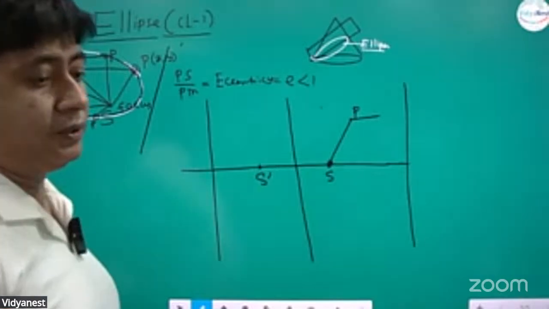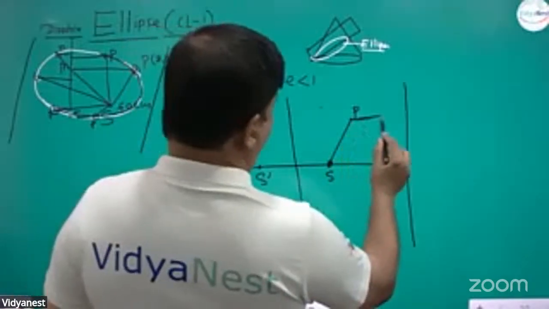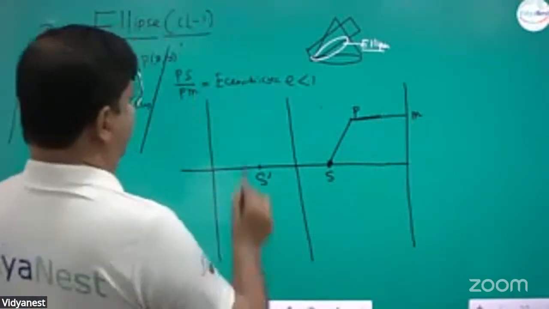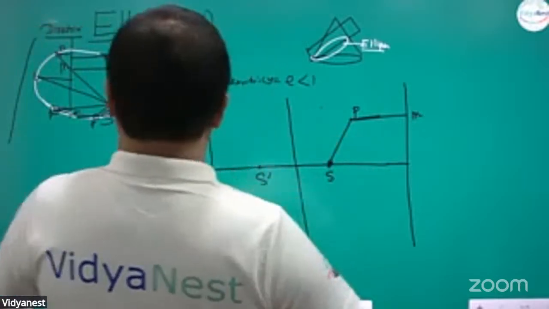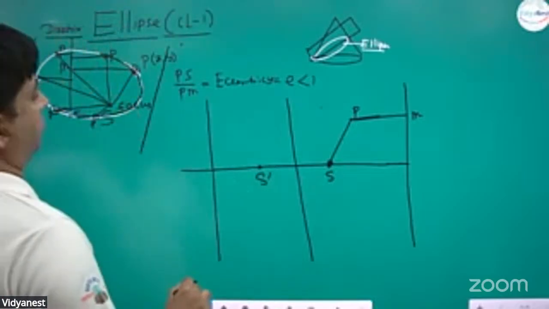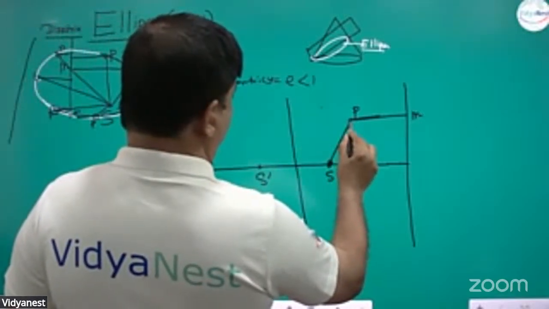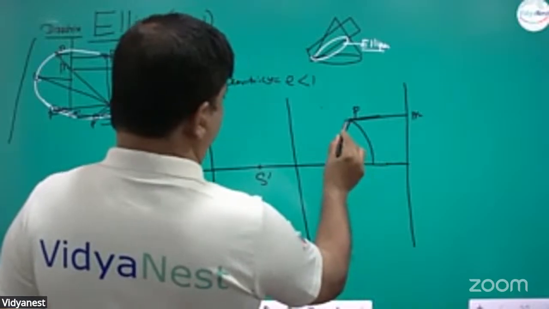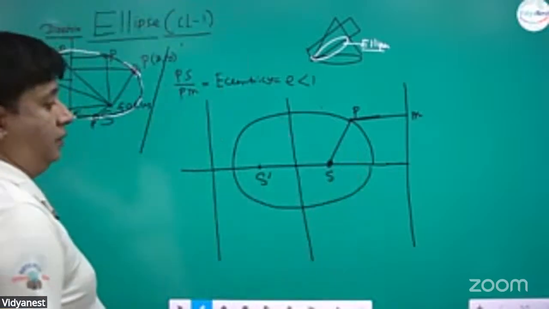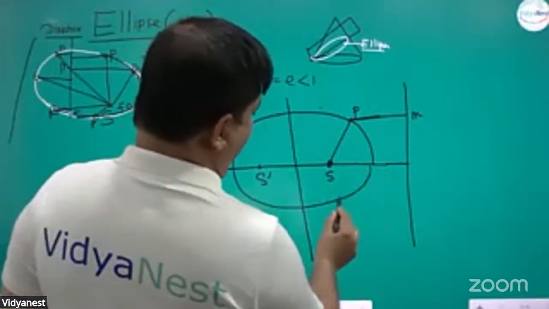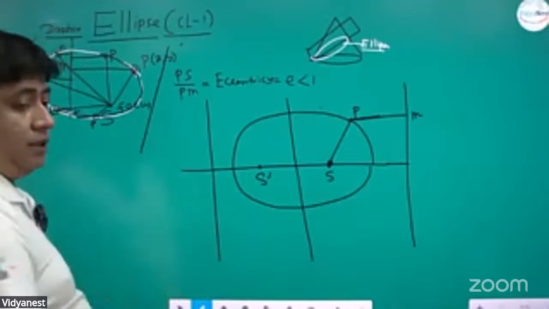Two directrix. Okay. Now PS and PN, that ratio will be E. And it starts to move in this way. You got a rough idea. If you consider this is half of the parabola, there will be one directrix, and that is another half, this directrix. Okay.